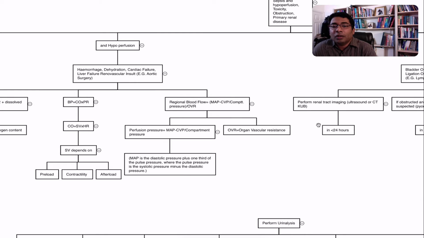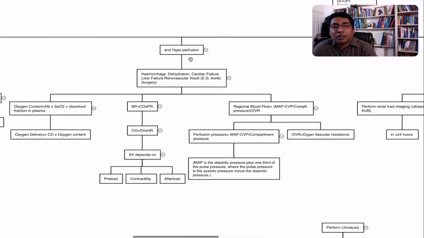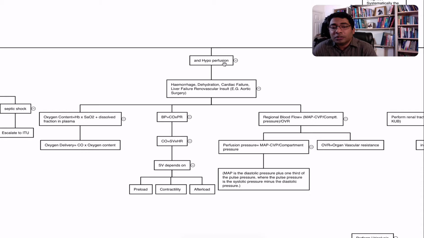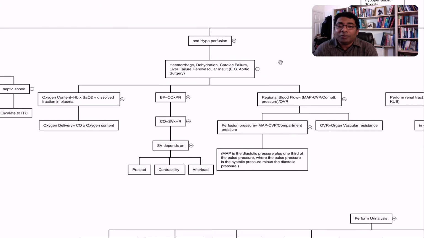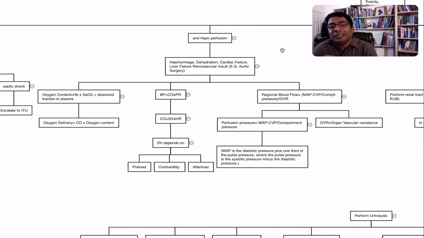So all I'm trying to say here is, whenever there's hypoperfusion, you have to have a good, thorough understanding of all these formulas. They are not complex, but the principles are that oxygen needs to be well bound to hemoglobin, that hemoglobin content has to be adequate and well saturated, and the cardiac output has to be good enough.